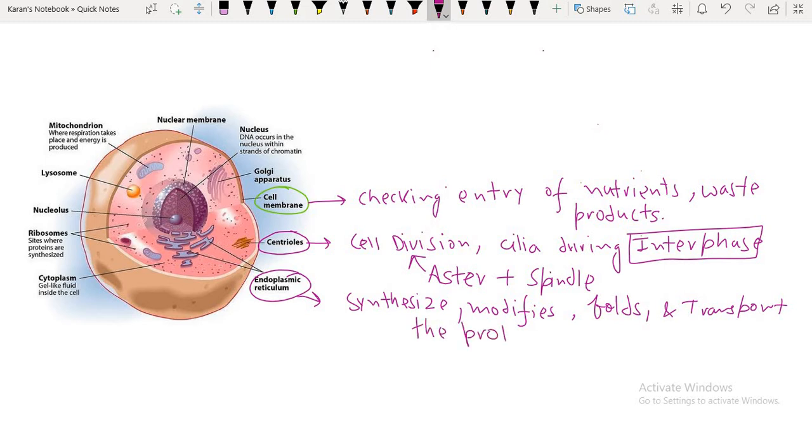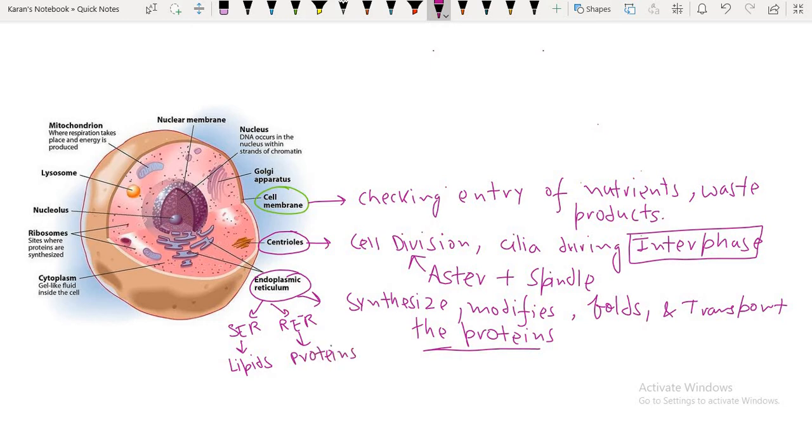So this is the function of ER, and this ER is divided into SER and RER, smooth endoplasmic reticulum and rough endoplasmic reticulum. Smooth endoplasmic reticulum is smooth because it does not contain ribosomes, so it helps majorly in formation of lipids, whereas RER is rough endoplasmic reticulum because it contains ribosomes, so it helps in the formation of proteins, right?